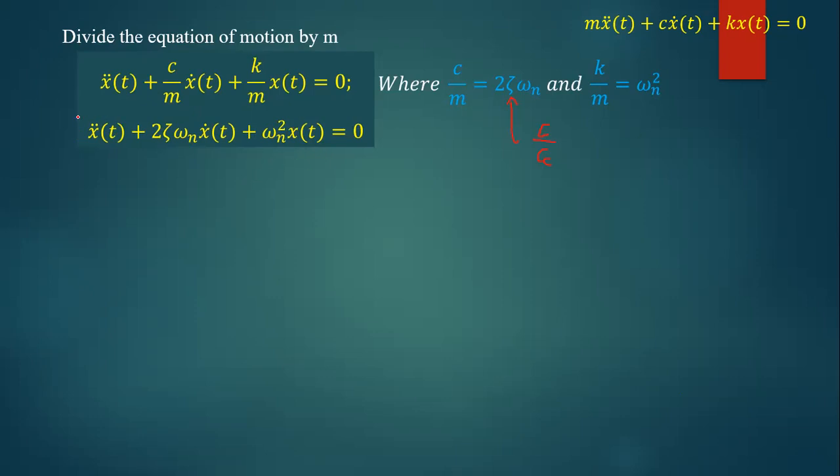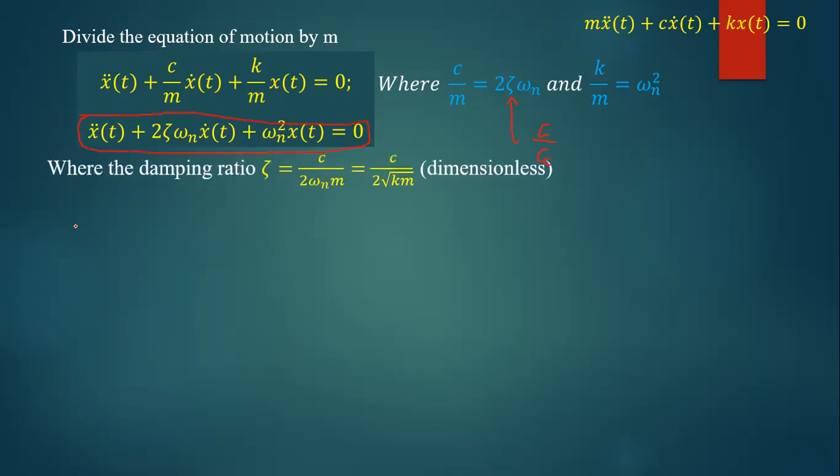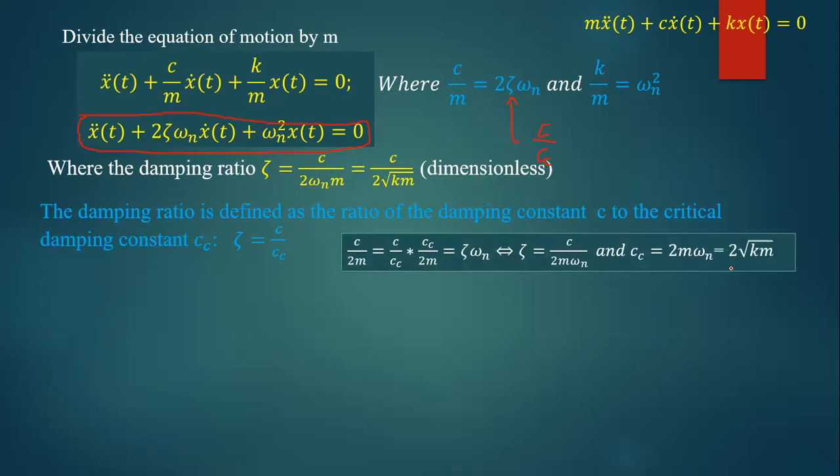So this is one form of the equation. Now, zeta is c over 2 omega n m, which is a dimensionless constant. So zeta is equal to c over Cc. It is directly defined from here.